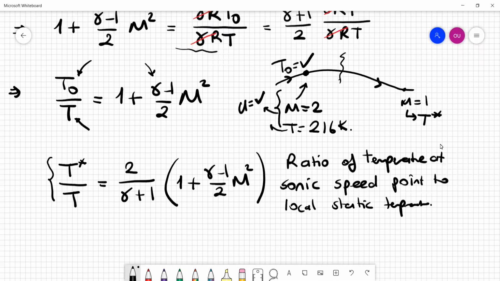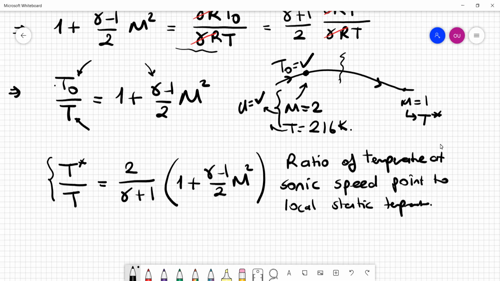Everything else will change: Mach numbers, local static temperatures, local static pressures, densities, velocities. But these two quantities will remain constant: T0, and therefore A0, and T star, and therefore A star. This is very important in shock and compressible flow aerodynamics, and in obtaining the shock relations that we will soon do.